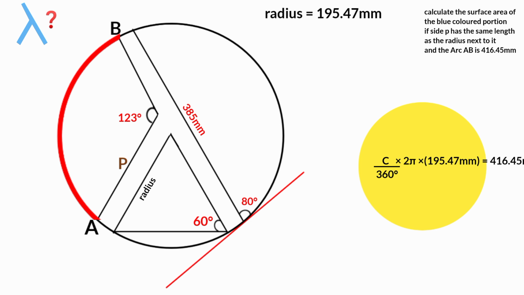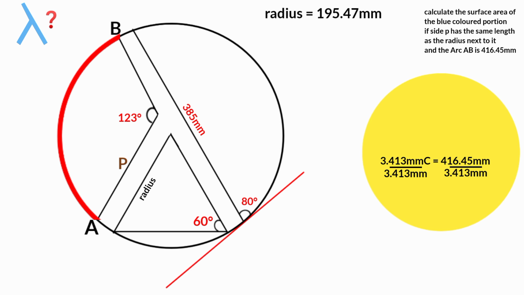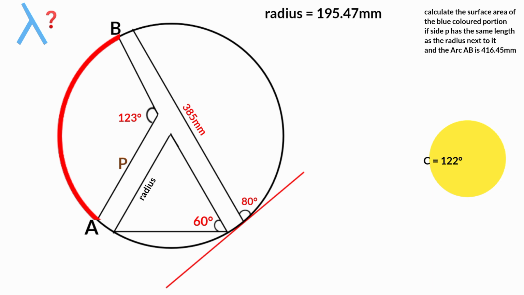Here, C over 360 times 2 pi times 195.47 millimeters, if you simplify, is 3.413 millimeters times C. So dividing both sides by 3.413 millimeters, 416.45 millimeters divided by 3.413 millimeters is 122 degrees. So C, which is the central angle for this arc AB, is 122 degrees.